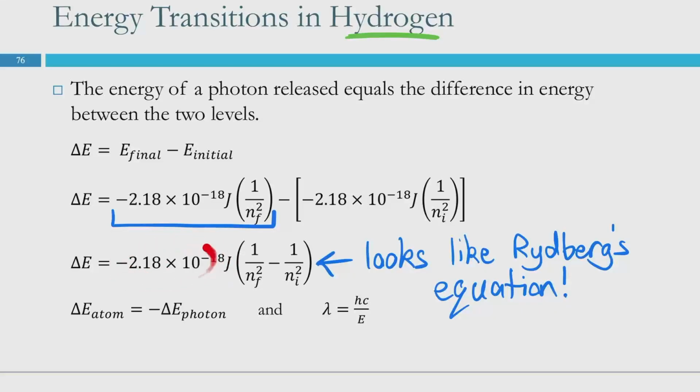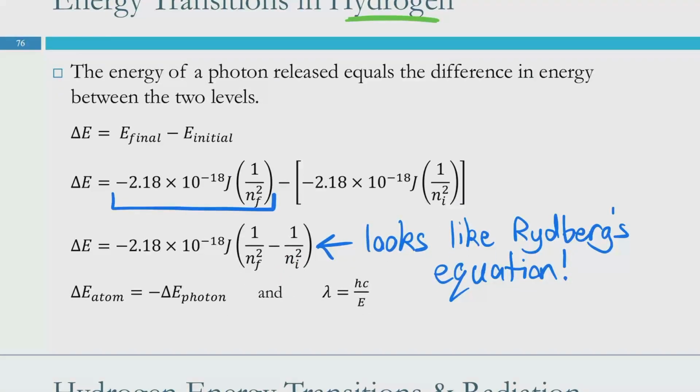We have a constant now in front. This would be the Rydberg constant. And our nf is our final energy level, and ni is our initial energy level. And we can do calculations with this.